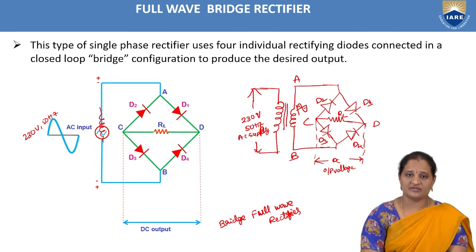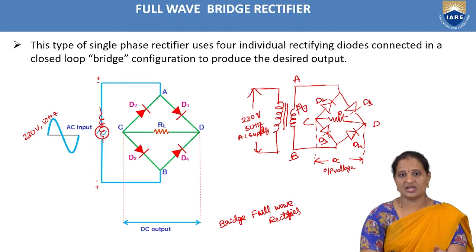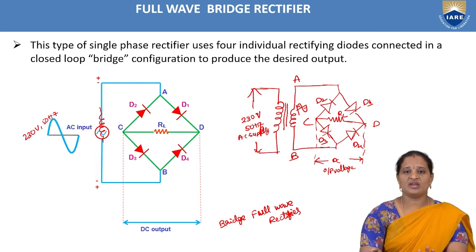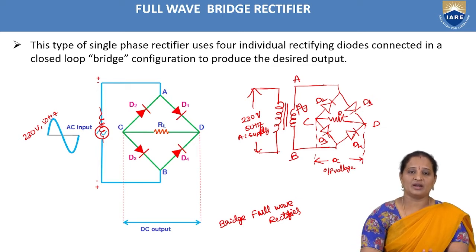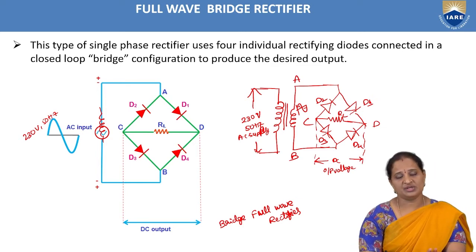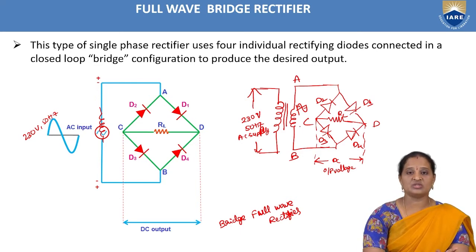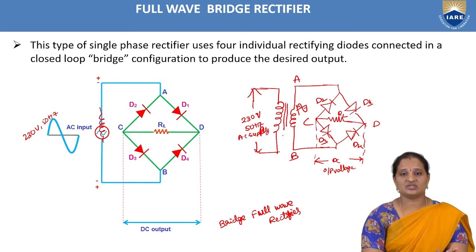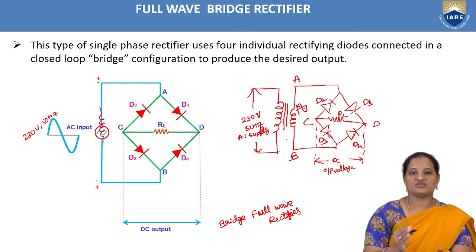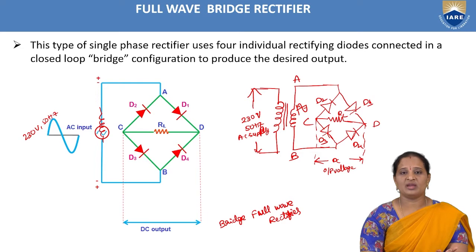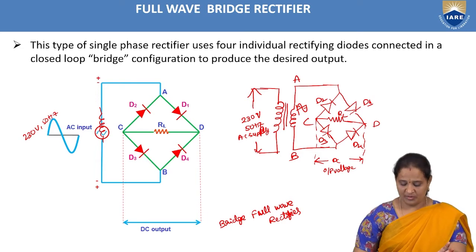The only difference from the primary winding to the secondary winding is, in the primary we have the highest voltage of 230 volts, whereas in the secondary it will be cut down to our required voltage, that is either 5 volts, 9 volts, 12 volts or 13 volts. Depending on our requirement, we will be choosing the turns ratio. Based on the turns ratio, the voltage will be cut down and taken at the secondary winding of the transformer.